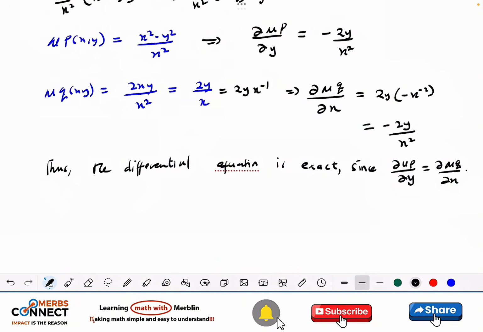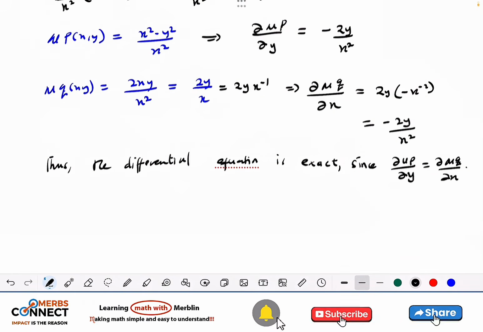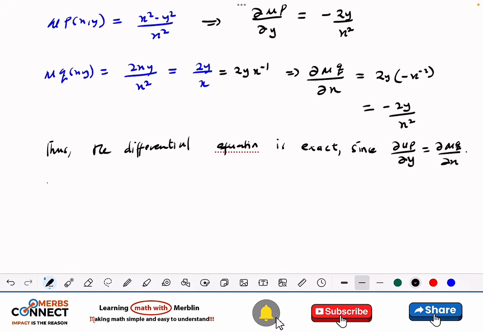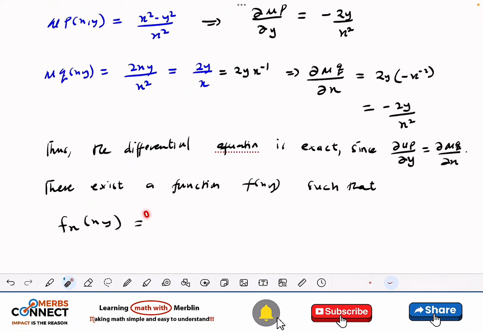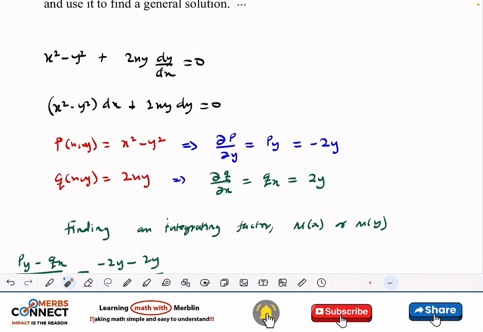So now that it is exact, we go through the same process. What's the process? We are saying that there is a function, let's say f of xy, such that when I differentiate this function f of xy with respect to x, it is not equal to p of xy again, because that was not exact.